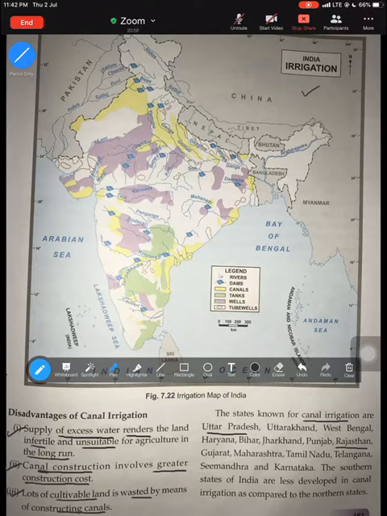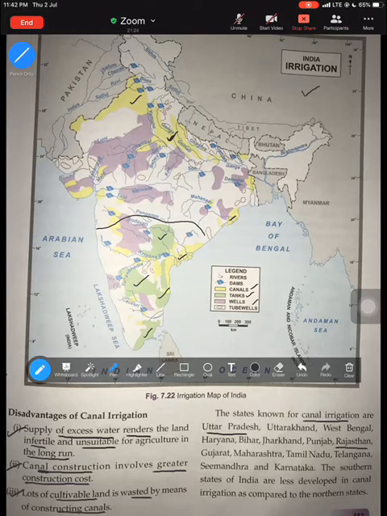If you look here, tube wells are a major form of irrigation in the northern part. If you look at the southern part, tank irrigation is very popular in the Deccan Plateau region. So the green ones are tank irrigation. Canal irrigation is popular in areas where the perennial rivers are, which have water throughout the year. Alright, so these are different forms of irrigation and how they are used in different parts of the country.